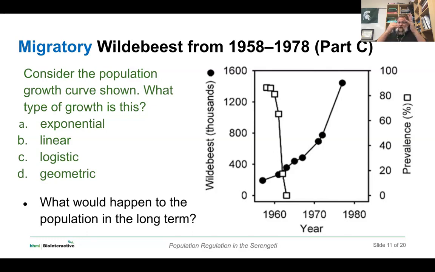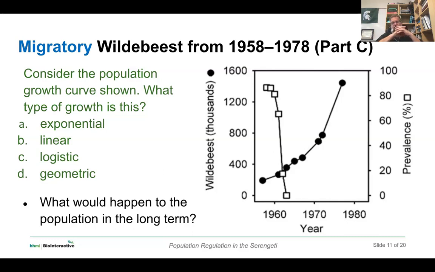So it's got to be either exponential or logistic. There is not a linear growth or geometric growth as we use those terms in ecology. You may recall exponential growth has sort of a J curve to it, and logistic growth has what's called an S curve. It starts out like a J and then it balances out.